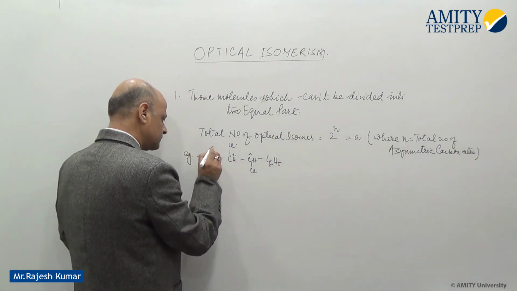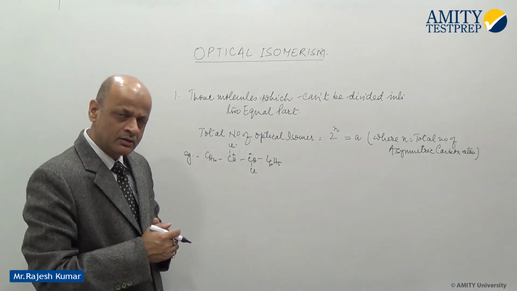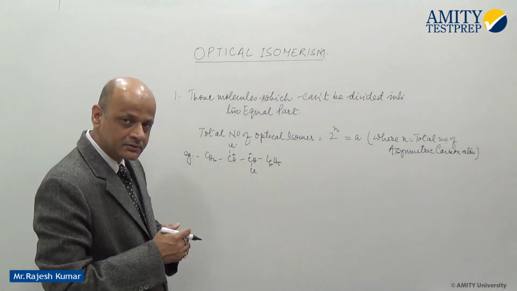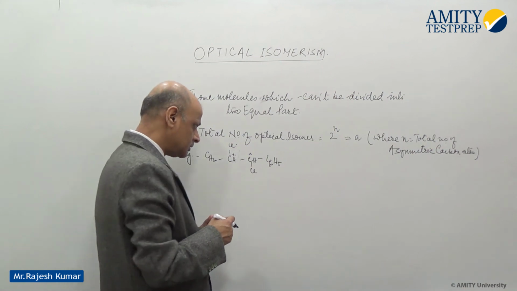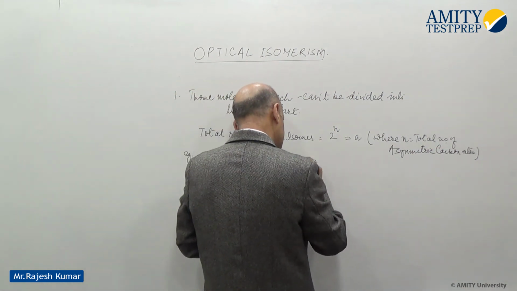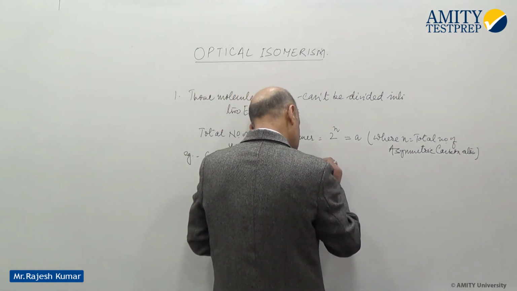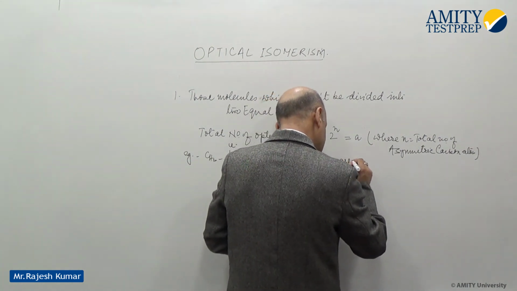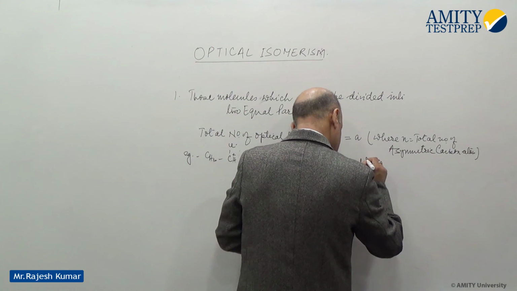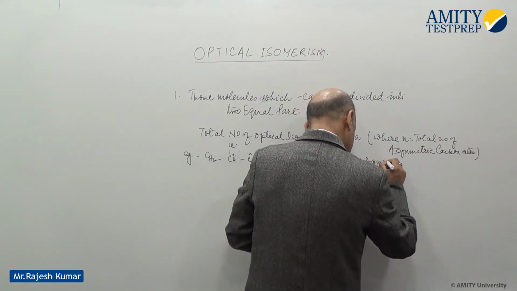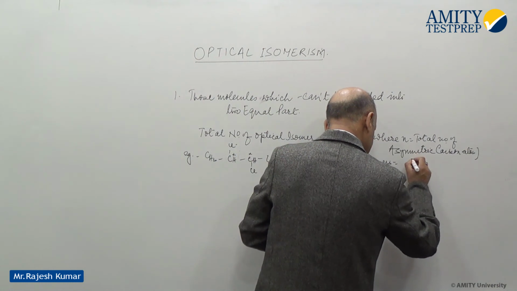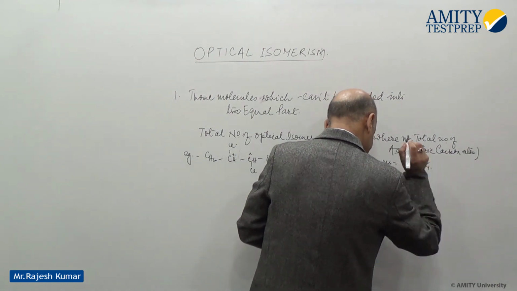So in this molecule, the total number of asymmetric carbon atoms is 2 here. So the total number of optical isomers is equal to 2 raised to the power of 2, that is 4.